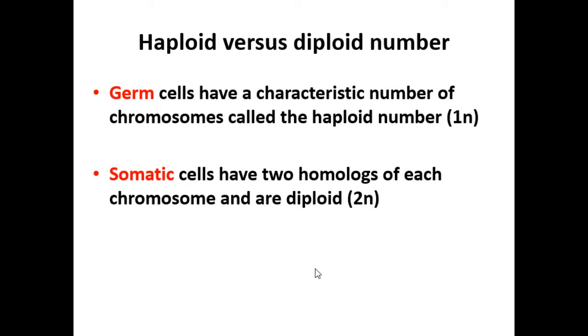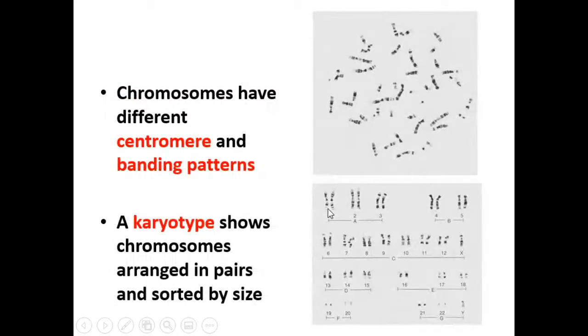Germ cells have a characteristic chromosome number called the haploid number, 1n. Somatic cells have 2 homologs of each chromosome, diploid, 2n. And then the chromosomes have different centromere and banding patterns. And normally we say karyotype. A basic karyotype shows the chromosomes arranged in pairs and sorted by size.